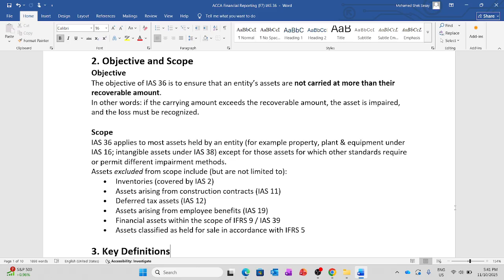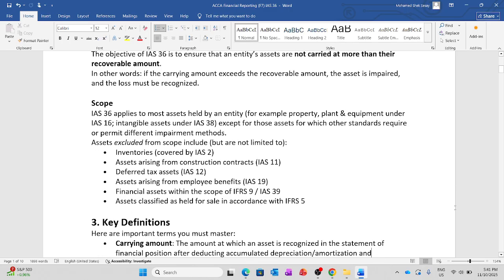The scope of IAS 36 applies to most assets held by an entity, for example, property, plant and equipment as per IAS 16, and intangible assets under IAS 38. For other assets, like IAS 2 inventory, inventory is valued at the lower of cost and NRV, so by default the valuation of inventory encompasses the concept of impairment.